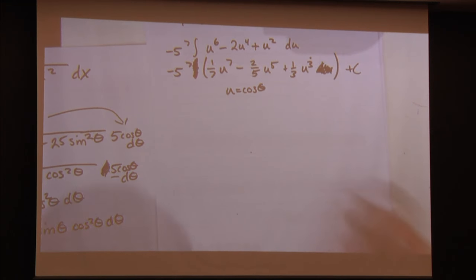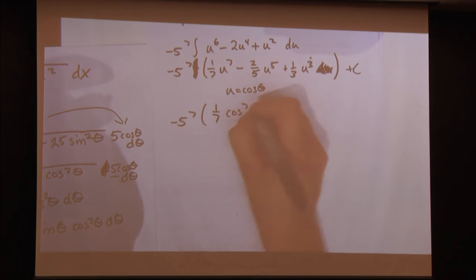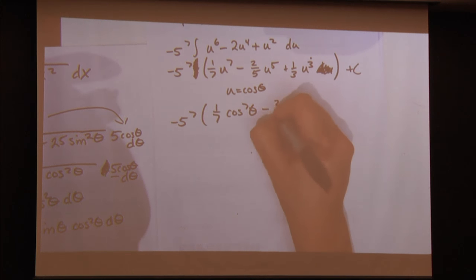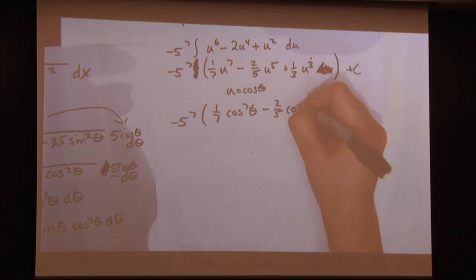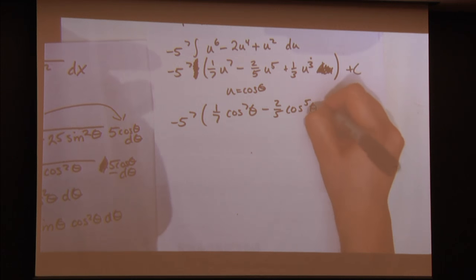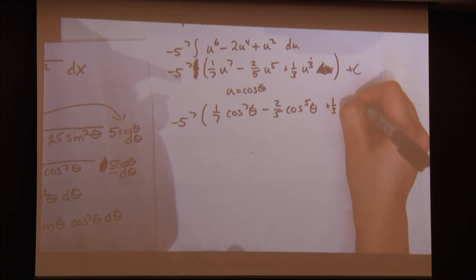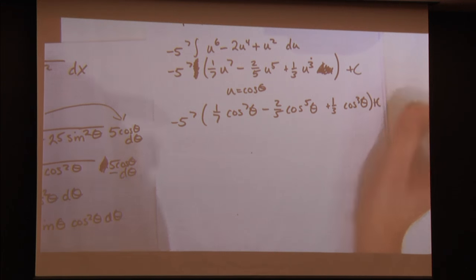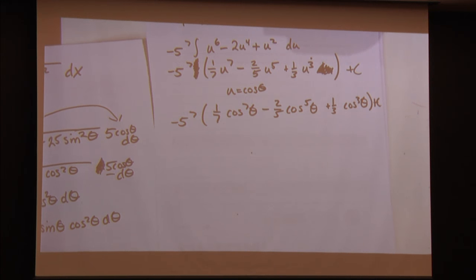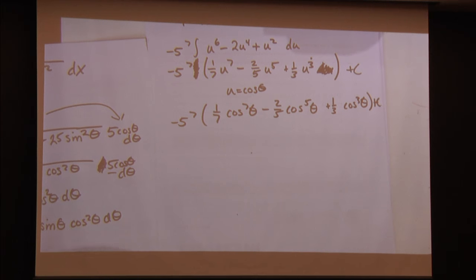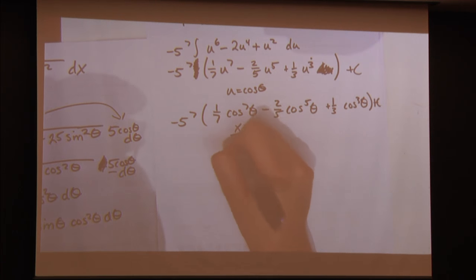Negative 5 points. I think I'm going to take her advice and just do math. Okay. And then we need to take theta and make it x's again.